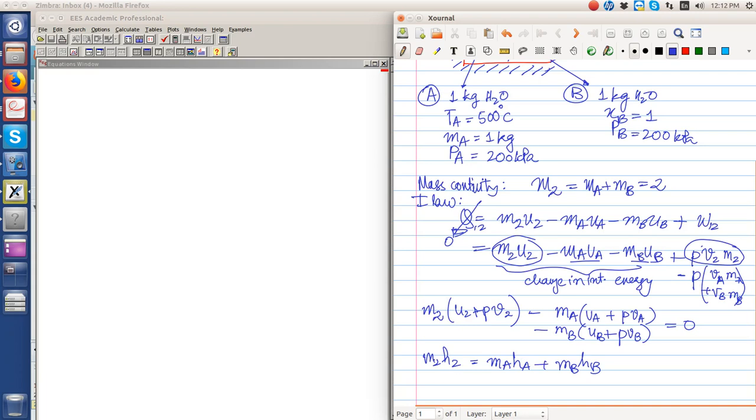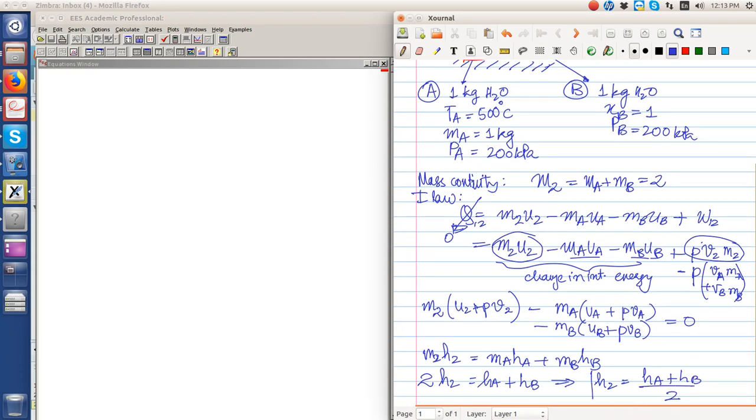This was obvious because it's a constant pressure process, so the enthalpy changes are locked. Okay, so M2 is equal to 2 kg, MA is equal to 1 kg, MB is equal to 1 kg, which implies H2 is equal to HA plus HB by 2.